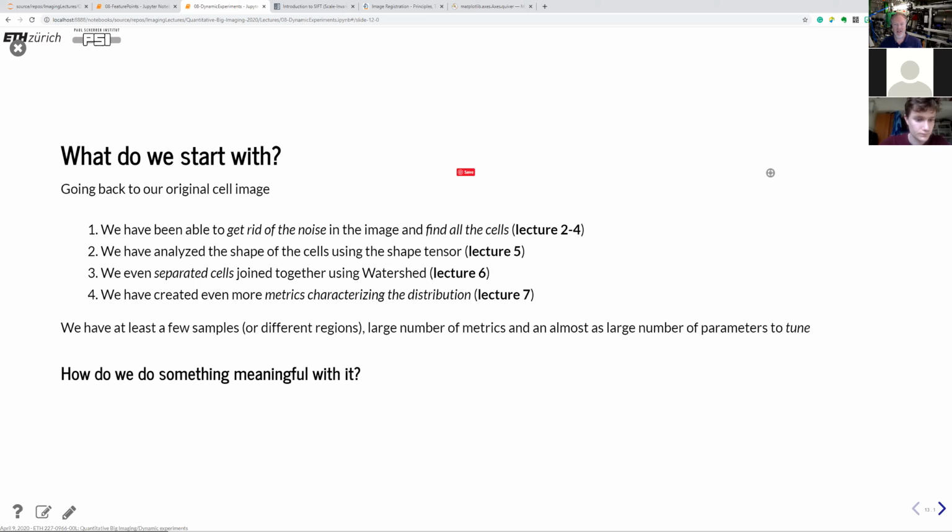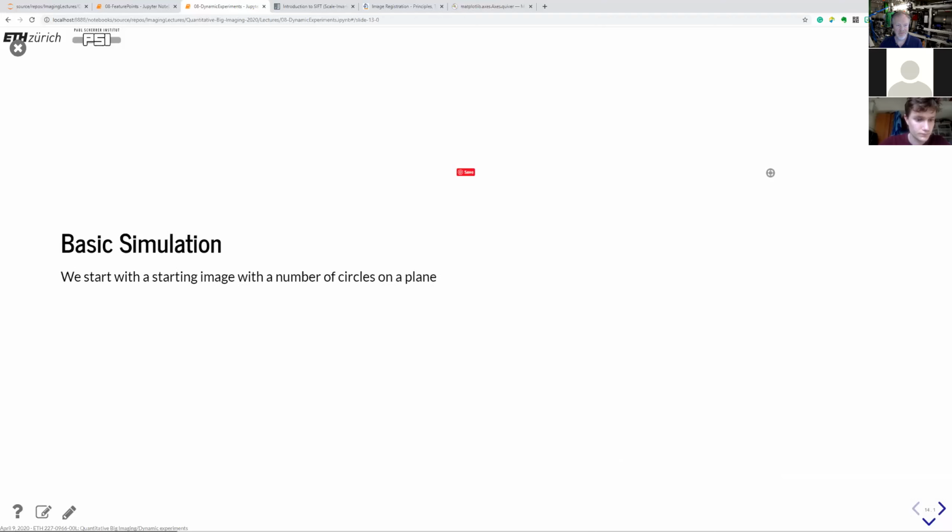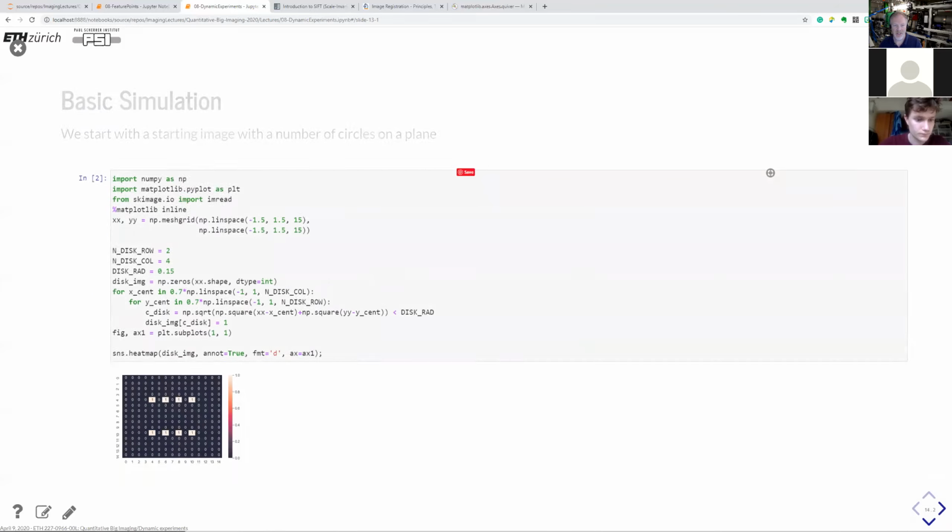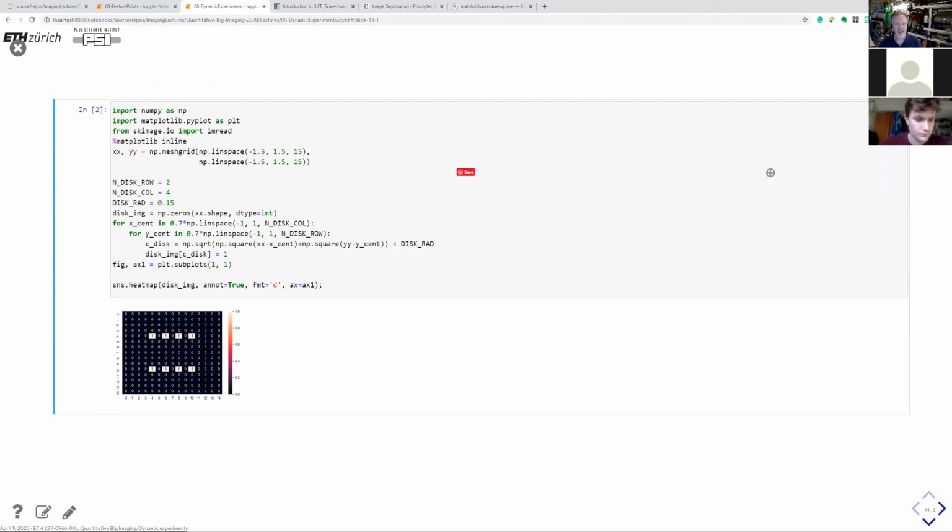But anyway, we now have some data, and now we want to do something with it. First, let's start with a basic example, just a lot of dots on a plane like this. From now on, there is a lot of Python code written, and I tried to hide some of it.